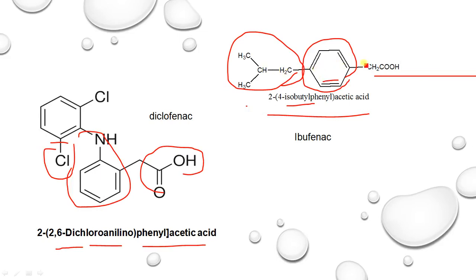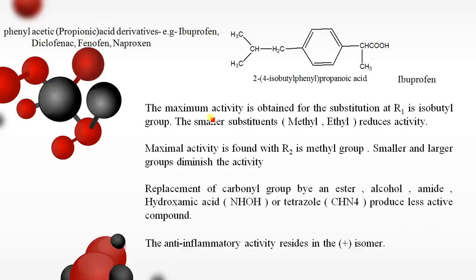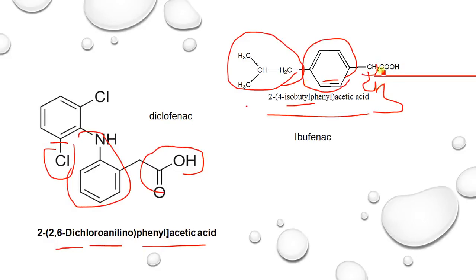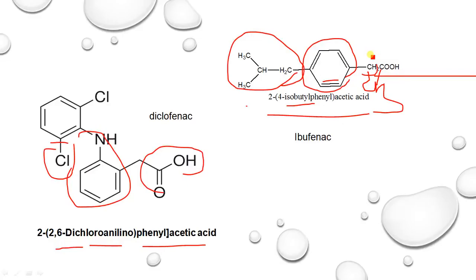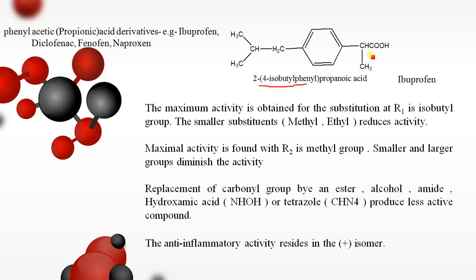When we replace one hydrogen with CH3, that is a propionic acid derivative called ibuprofen, that is isobutyl. This one is replaced with this CH3. This is called a propionic acid derivative.